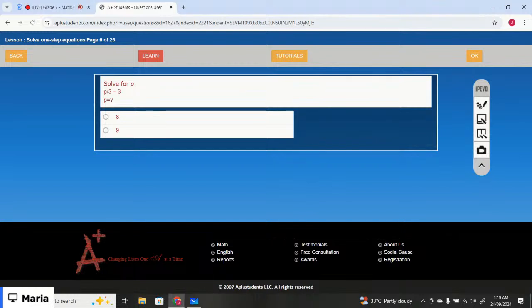So which is the correct option? That is p equals 9. Option number 2 is the correct option.